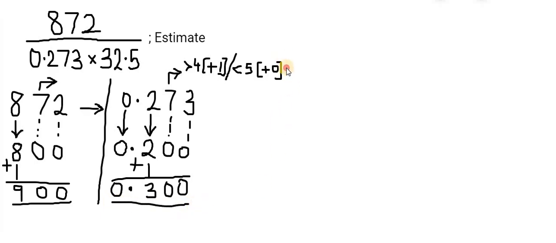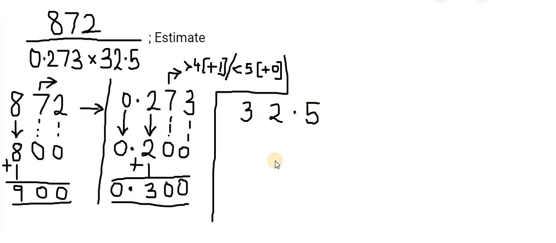And finally, 32.5. First significant figure, 3. We check the number just after that, that's 2. Now if it's greater than 4, we add 1. If it's less than 5, we add 0.